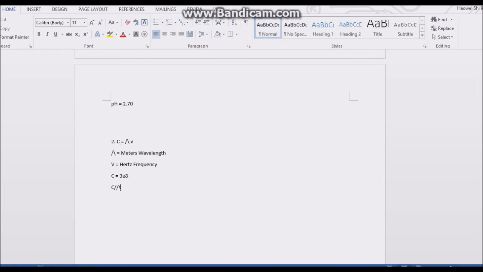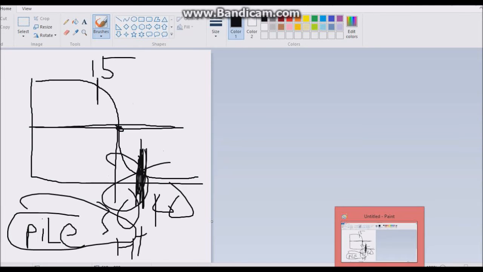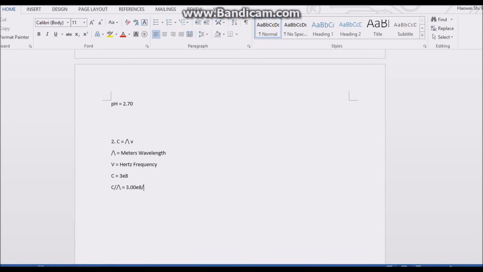So c divided by wavelength equals 3.00 times 10^8 divided by the wavelength. It gave you a number in nanometers, so be sure to change that into meters, which is 4.95 times 10 to the -7. I'm just going to write scientific notation because the number is ridiculously big.